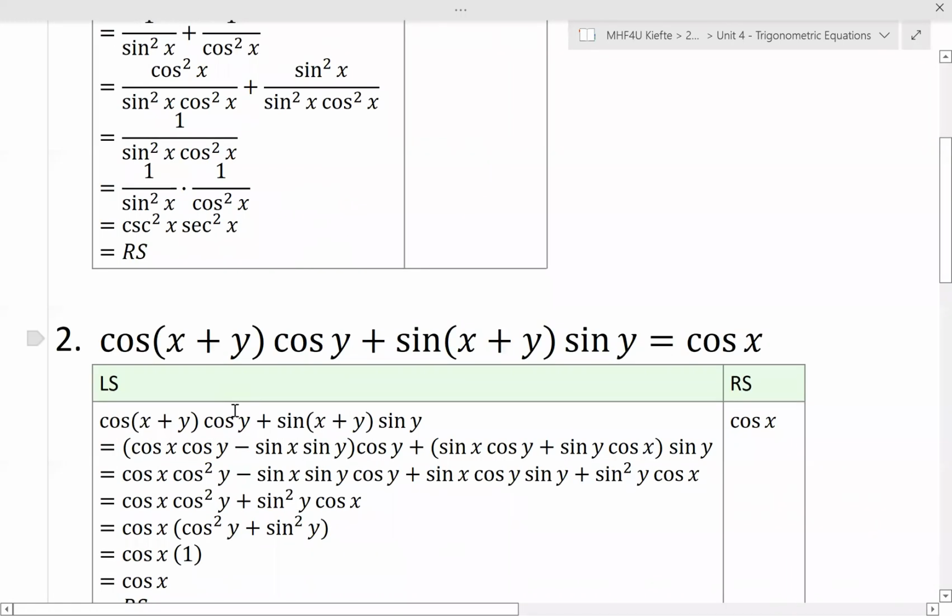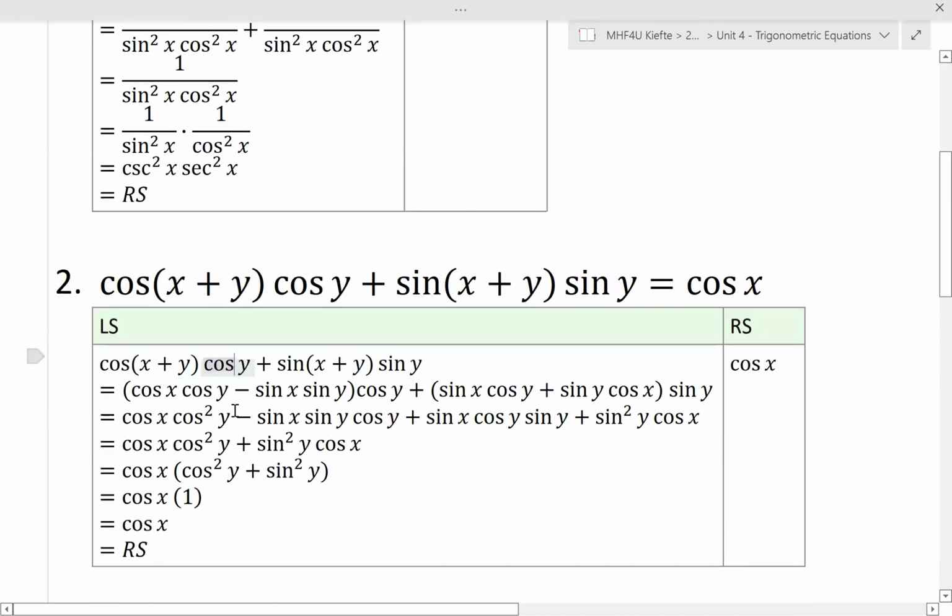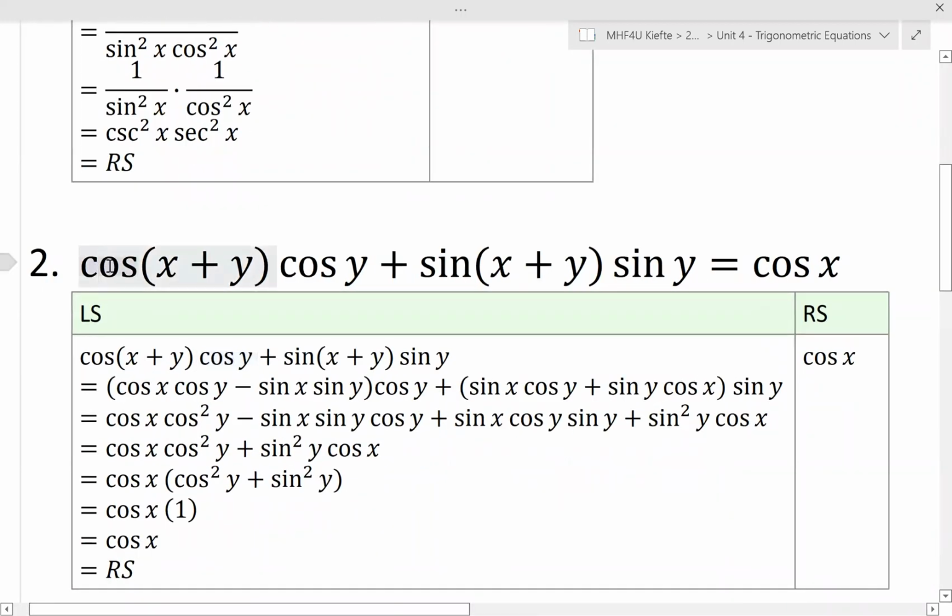This one here is really just algebraically annoying, but again, do not distribute the cos or the sine here. Instead, we are going to use our compound angle formula. Don't forget that it's being multiplied by a cos y here and a sine y here.